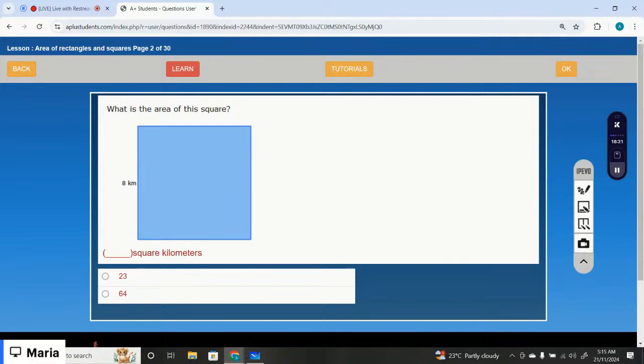What is the area of the square? Which is the correct option? The correct option is side times side. That is 8 times 8. The correct option is 64 square kilometers. Option number 2 is the correct option.